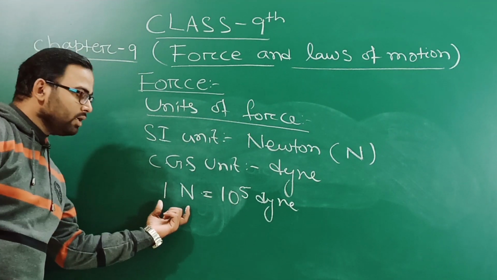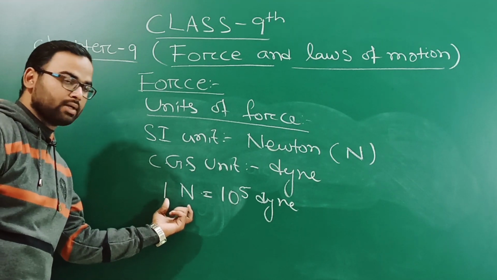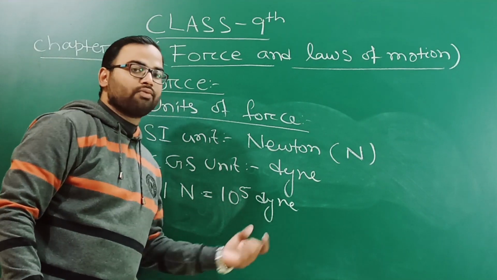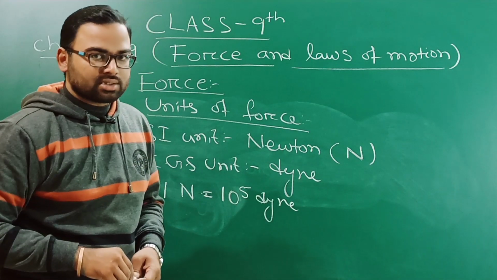So 1 Newton of force in the SI unit is equal to 10 to the power 5 dyne in the CGS unit system.